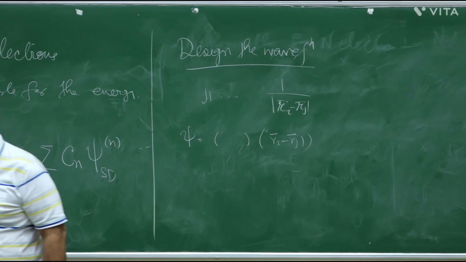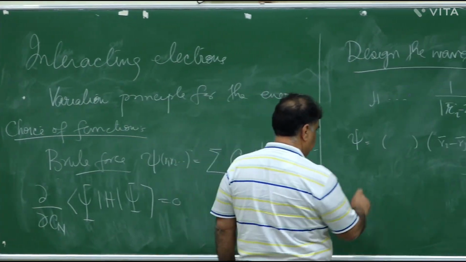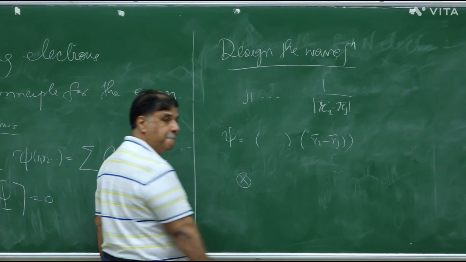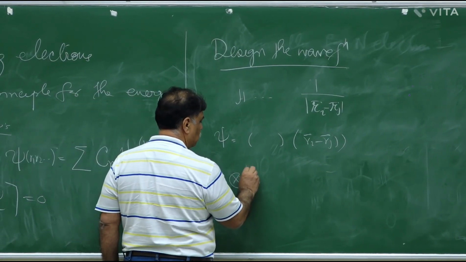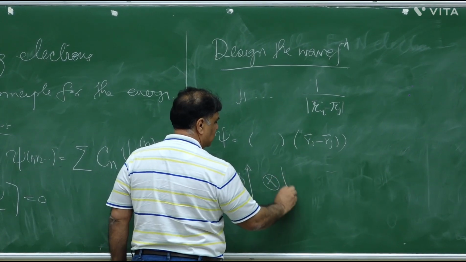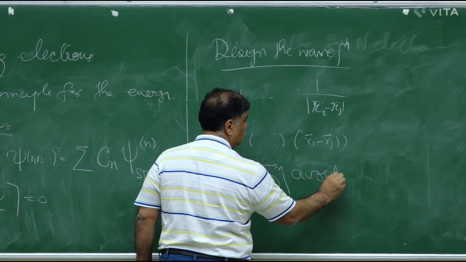Now when I want to design the wave function, what I realized is that if there is an electron somewhere, right? Now yesterday we saw that if there are two parallel spin electrons, they avoid each other.